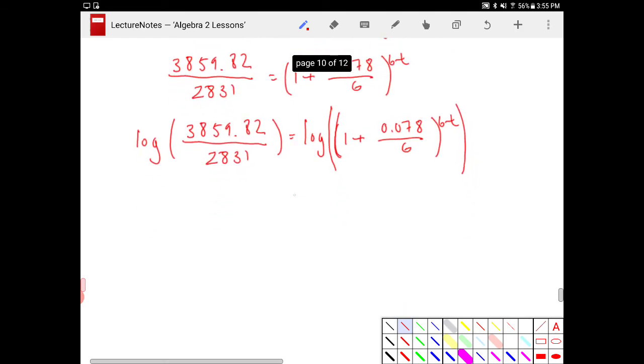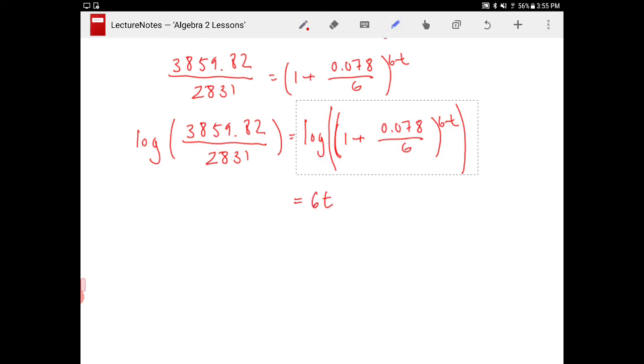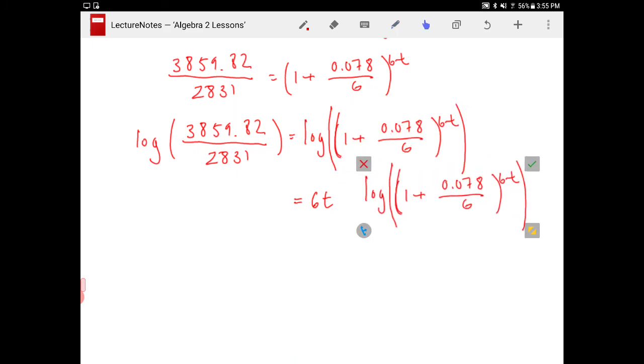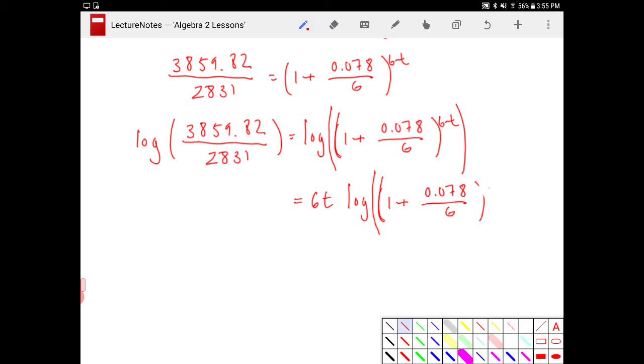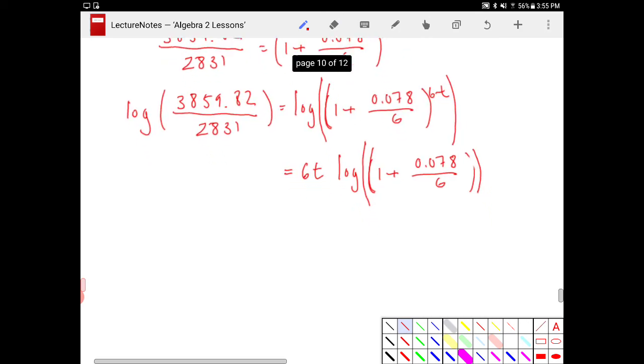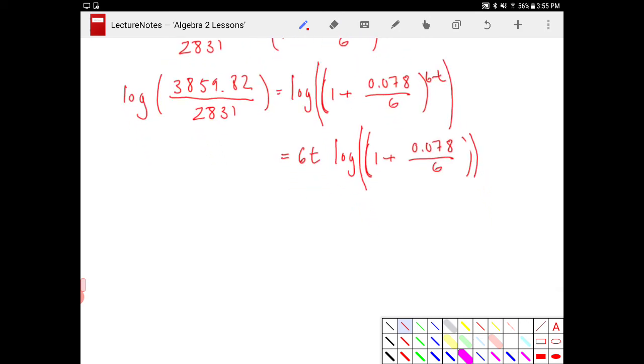And according to the power rule, the 6t can come out in front, and everything else remains. That's the beauty of logarithms. The unknown exponent becomes a coefficient. So then I can now perform reverse PEMDAS.